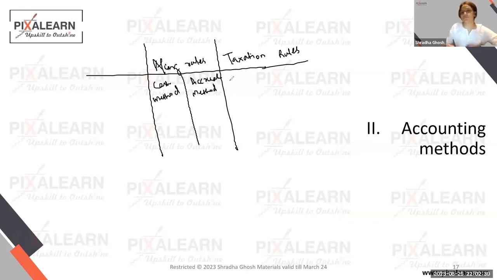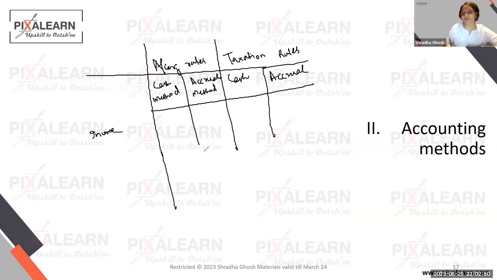Similarly, on the taxation rules also, you will have cash and accrual. It's very simple. And now you're going to have a column for income, and then one for expense booking.